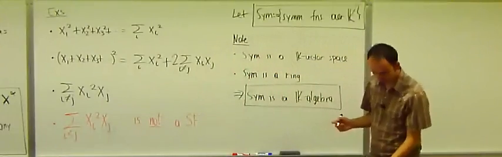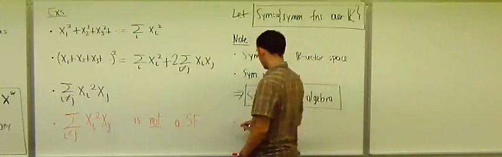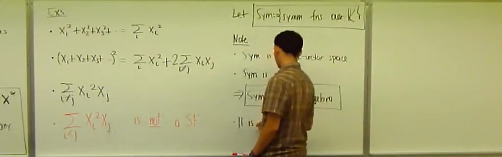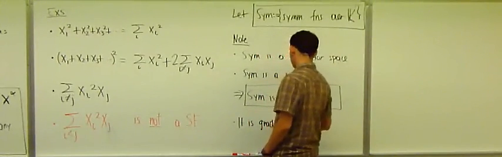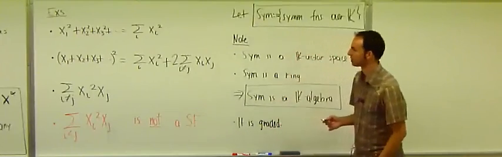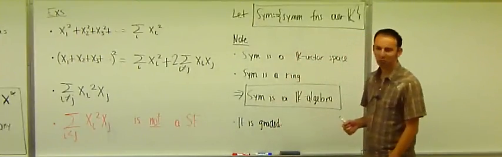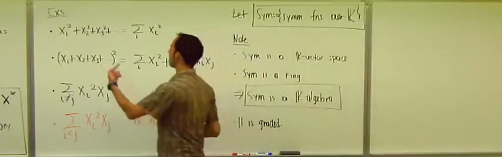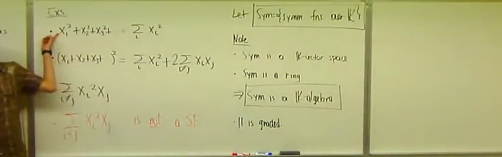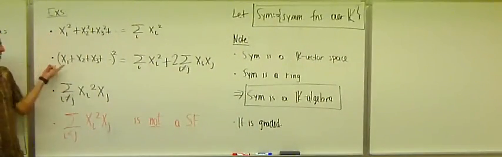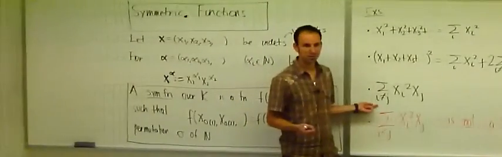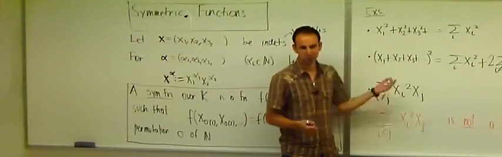Let me point out something else that's pretty easy, which is that this is a graded algebra. I think you don't have too much trouble believing that. So what degree would you call this? 2, and this, 2, and this, 3. And you can just grade this by degree.